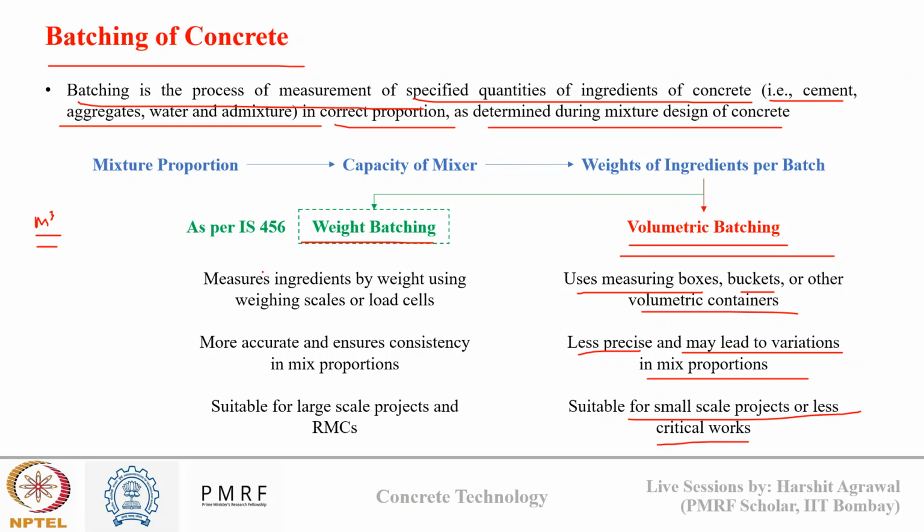On the other hand, weigh batching, which is recommended as per IS 456, measures ingredients by weights using a weighing scale or load cell, and it is more accurate and ensures consistency in mixture proportioning, and it is used for large scale projects and RMCs. Once we know the capacity of the mixture, we can weigh the different ingredients as per the batch size.